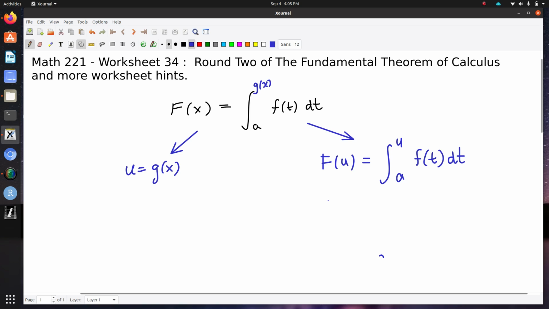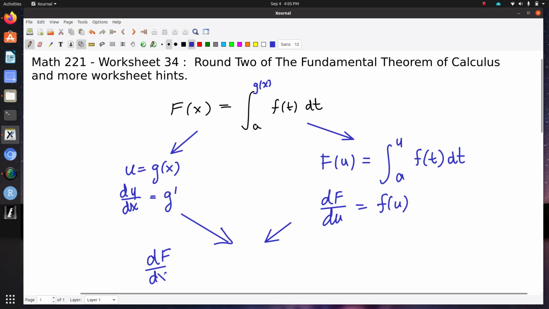Now I know from the fundamental theorem dF/du is just f of u. So we know that much. But if u is g of x, we know du/dx is just going to be the same as g prime, right? We're going to bring all this stuff together because what we really want is dF/dx, but what we have is dF/du, but we also have du/dx, and by the chain rule we can put this all together.